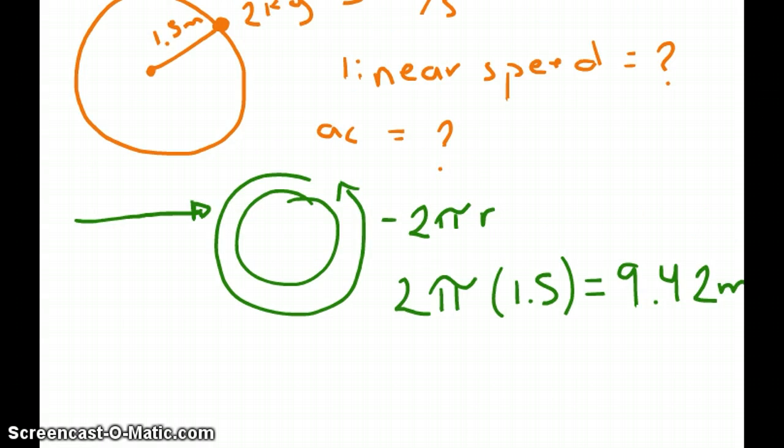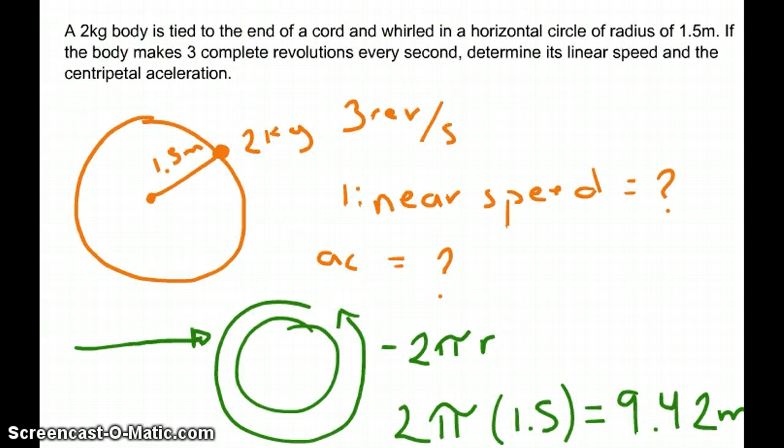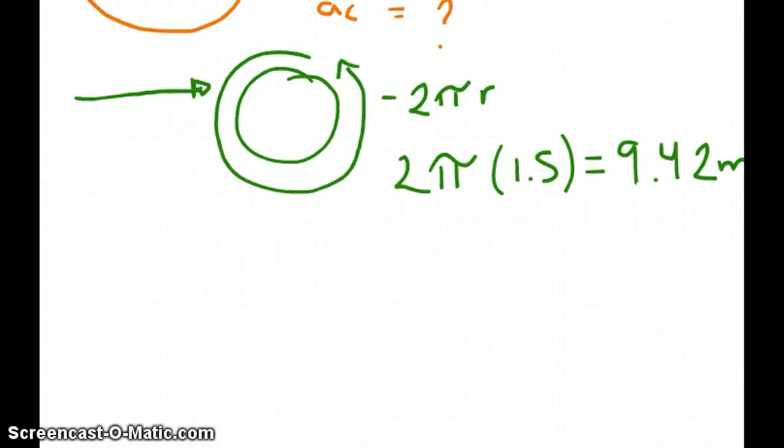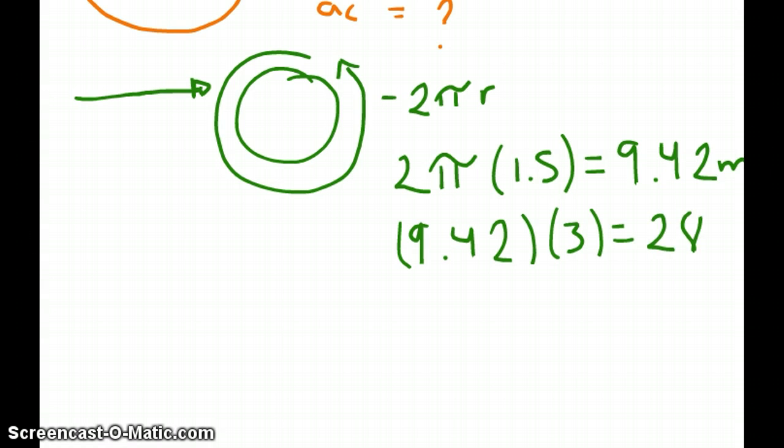As we can see in the problem, we have 3 revolutions. So we have to multiply 9.42 times 3, which gives us 28.27 meters per second.